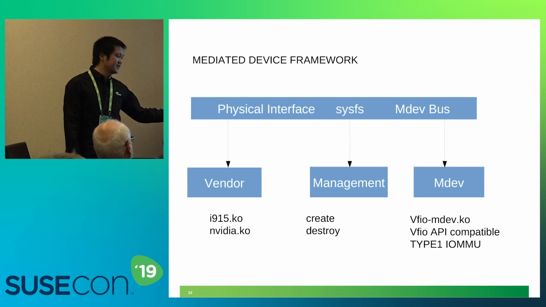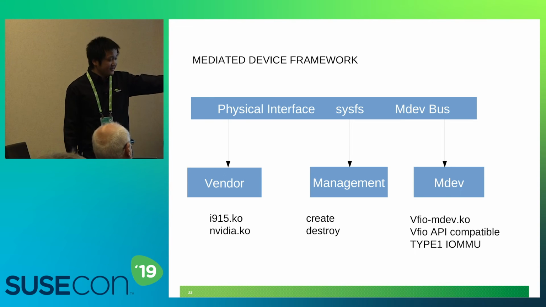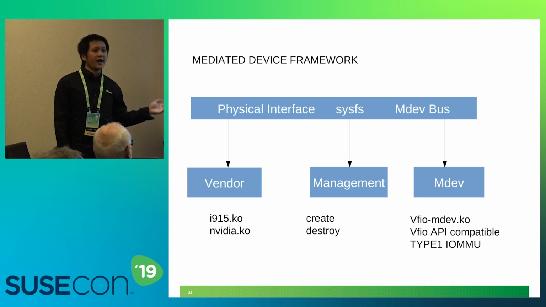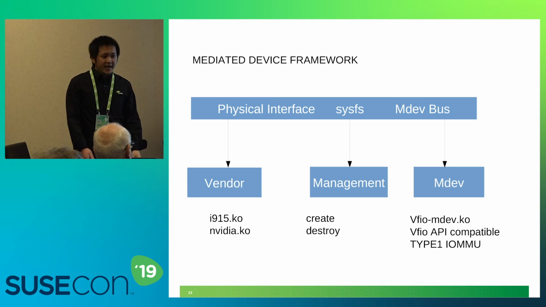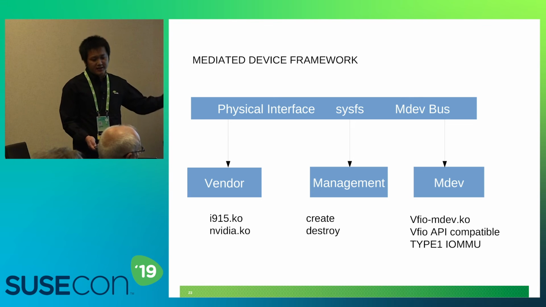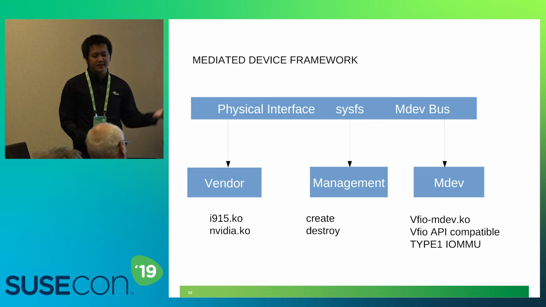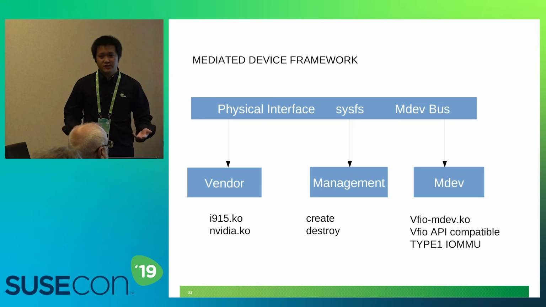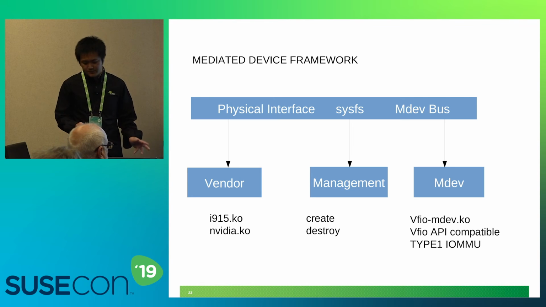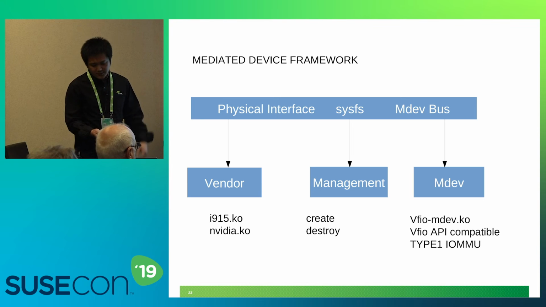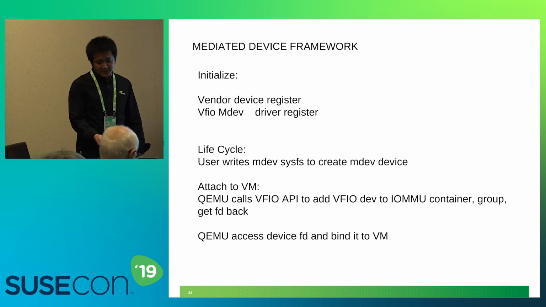This registers a device that registers a driver on their bus, so it works happily for your VM. And also there's some other interface for you to do management, like you need to create something and you need to destroy it after you use. Not quite convenient, but it's okay. So this is how it works.